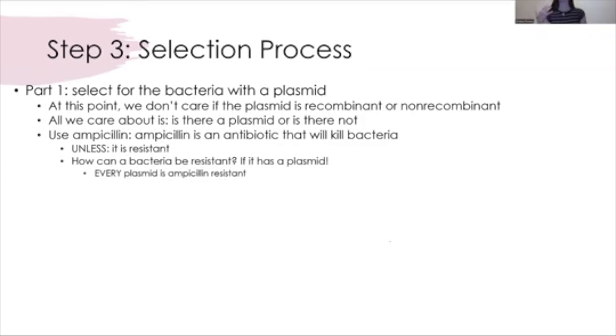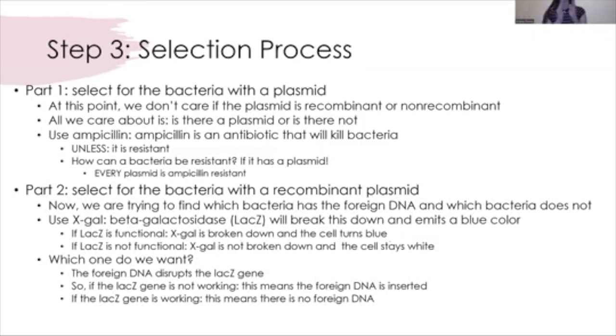And we know that bacteria will be resistant if it has a plasmid, because every single plasmid is ampicillin resistant. So at this point in part 1, we're going to kill any bacteria that does not have a plasmid. So whenever we go into part 2, now every single bacteria has a plasmid. And now we're going to look at, okay, now we know they all have a plasmid. Let's try and find the one with the recombinant plasmid.